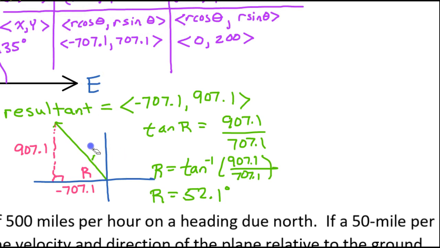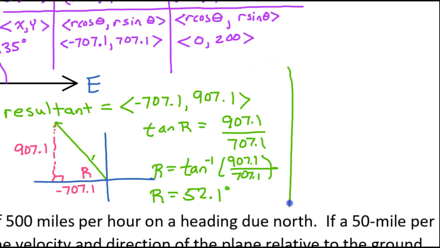But for this problem, we're not going to do that because they actually are asking us to say 52.1 degrees north of west. That's the type of direction we're supposed to use. So this is actually the angle that we want, so we're good. All we need to find to be finished with this problem is the magnitude.